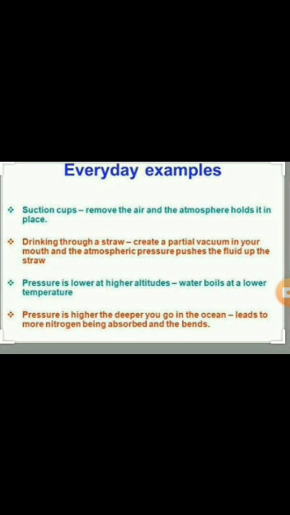When we go to a mountain, we see that water boils below 100 degrees Celsius. But we know the boiling point of water is 100 degrees Celsius. Water boils below 100 degrees Celsius due to the low pressure.